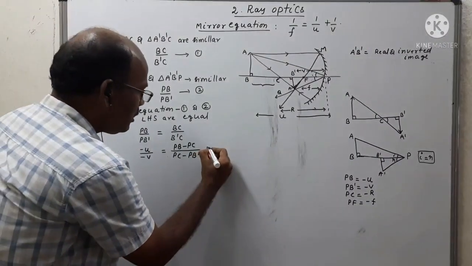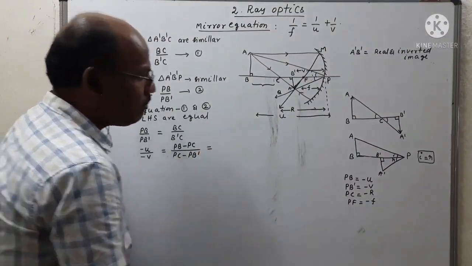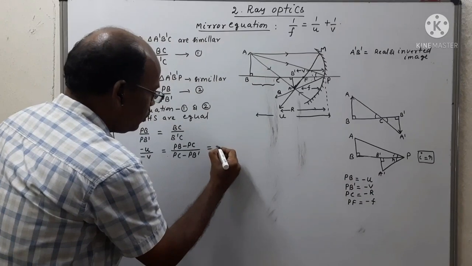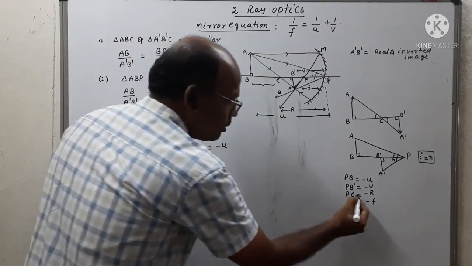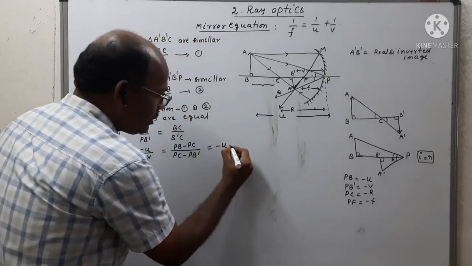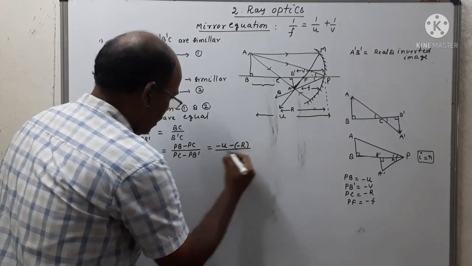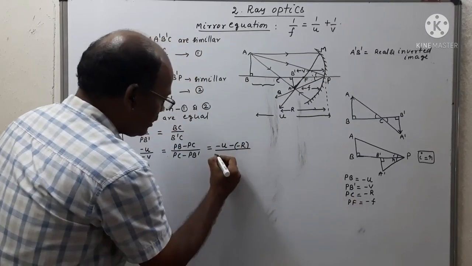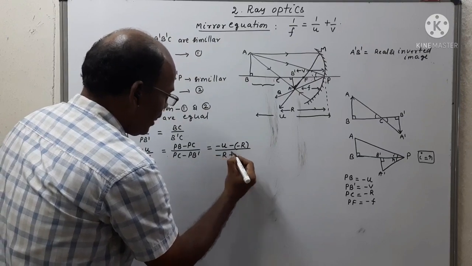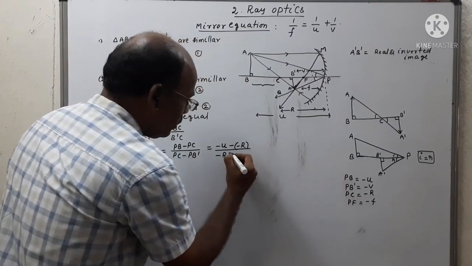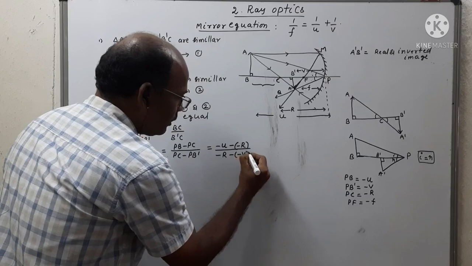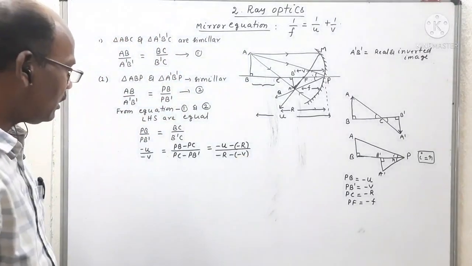We can write this is equal to PB means minus U, PC means minus R, minus of minus, by PC means minus R again, minus PB dash means minus of minus, by applying the sign convention.